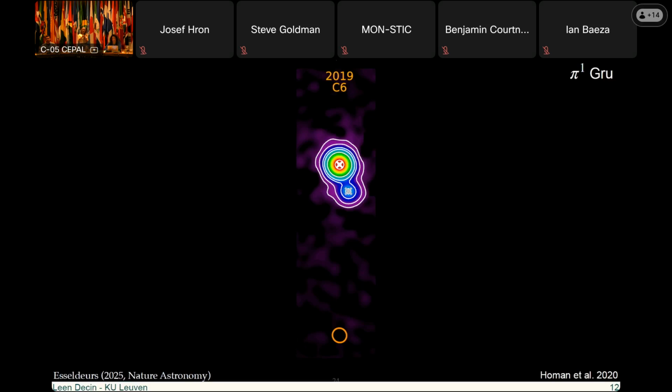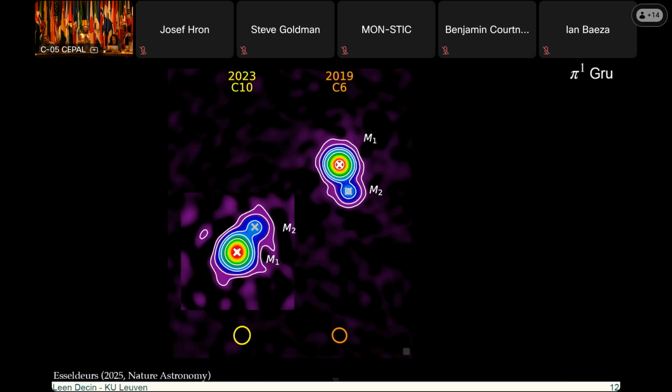So this is the ALMA data from 2019. This is the new ALMA data from 2023, where you can see that the secondary blob that is here, of which we were not sure whether it would be an outflowing dust cloud or a companion, has nicely moved around. And here you can see the trajectory through the plane of the sky, the proper motion.